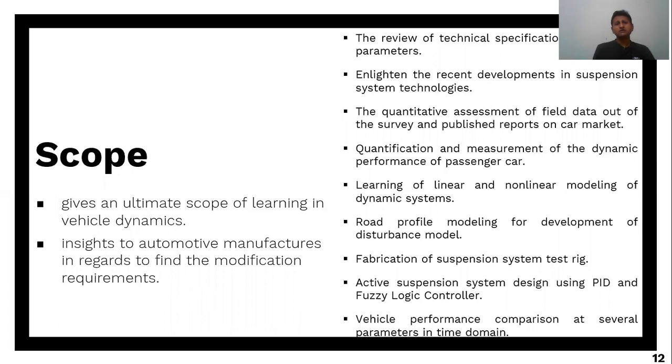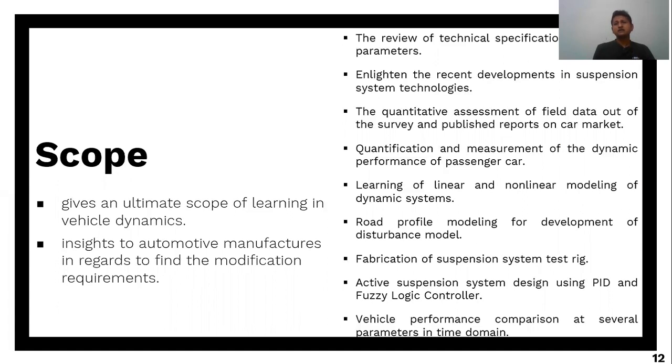As for the scope of this work, we can learn many things from this case study. First is the review of technical specifications and design parameters of a suspension system. It also enlightens the recent developments in suspension system technologies.